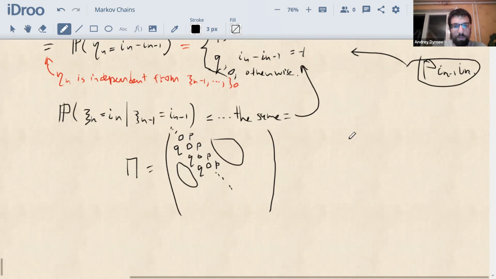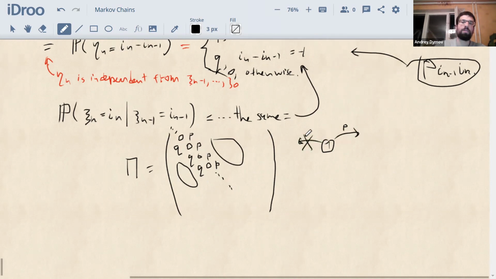What is the problem? The problem is that, as it was drawn before, I had the first state, and from the first state I had the probability to leave it with probability P, to the right and to the left.